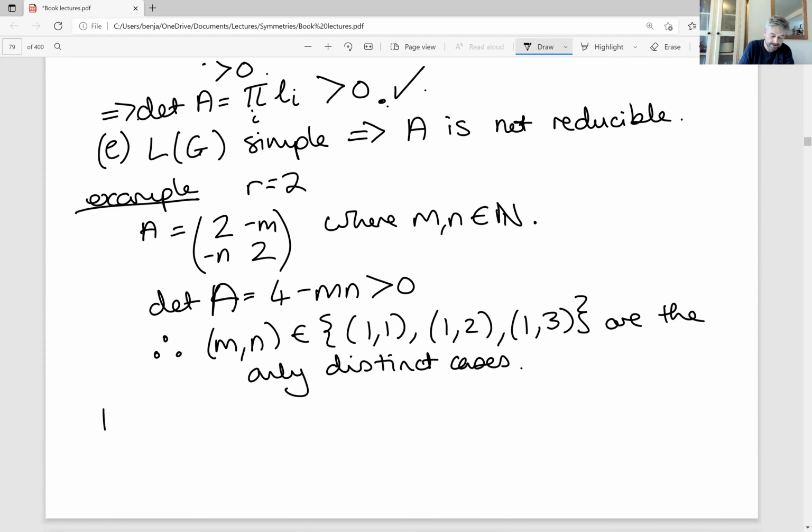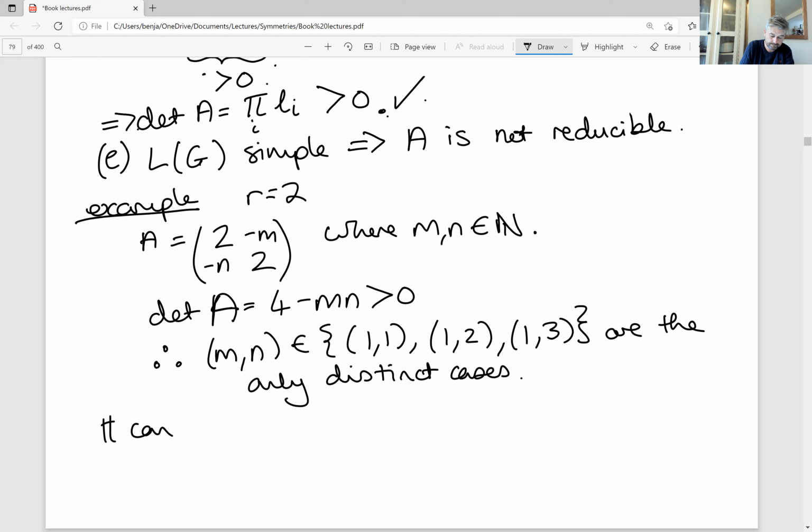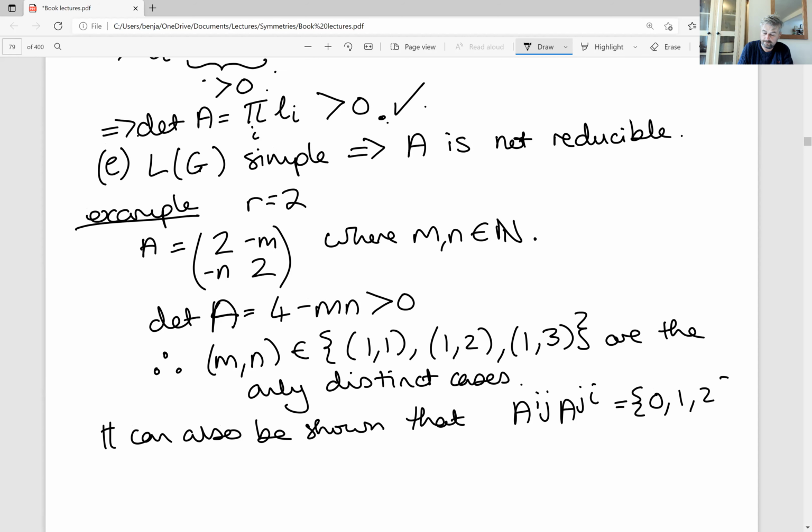So it can also be shown that the product of A_ij with A_ji has to be 0, 1, 2, or 3, without a sum.